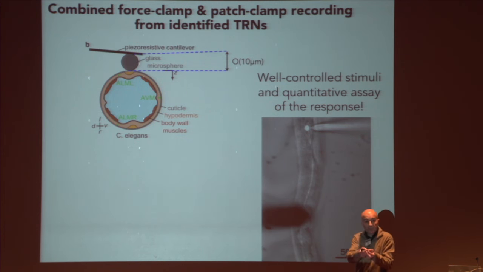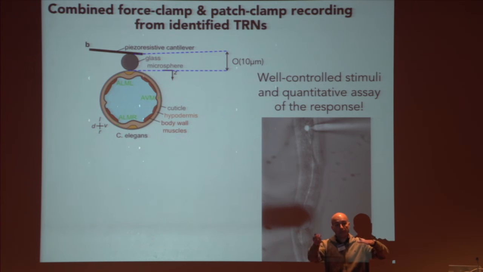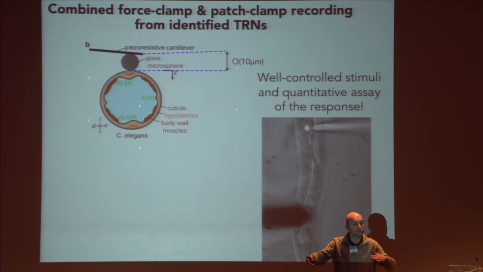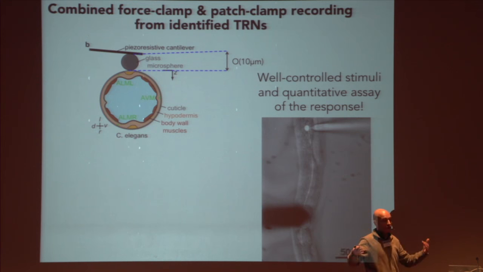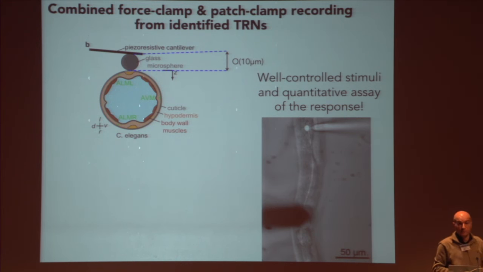What you do is that you cut the body of the worm, you expose the neuron that you're interested in, you go there with the recording pipette, and then here you have the cantilever, which is delivering the stimuli. So you have a very well-controlled system that delivers mechanical stimuli, and then you pick up the response of the neuron, which is the current flowing through the neuron. So you have the well-controlled input and the output.